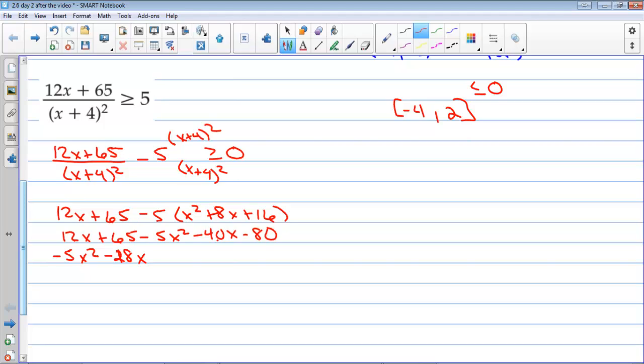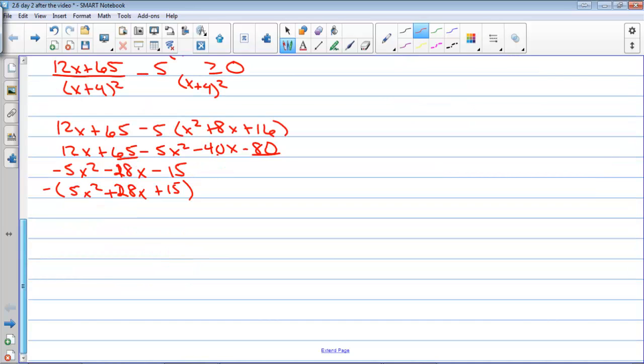And then 65 and negative 80 is minus 15. Now we can take a negative out of that, and it's 5x squared plus 28x plus 15.